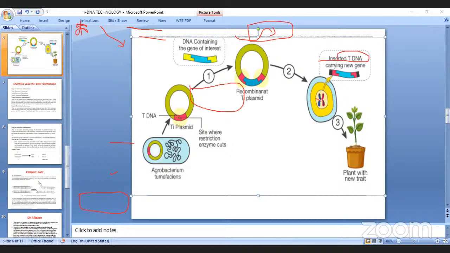These are then introduced into a new plant. The introduction methods, and how the desired gene gets incorporated into the new plant, we will discuss later in further units. After that, the plant shows the desirable character, right? So this is rDNA technology.